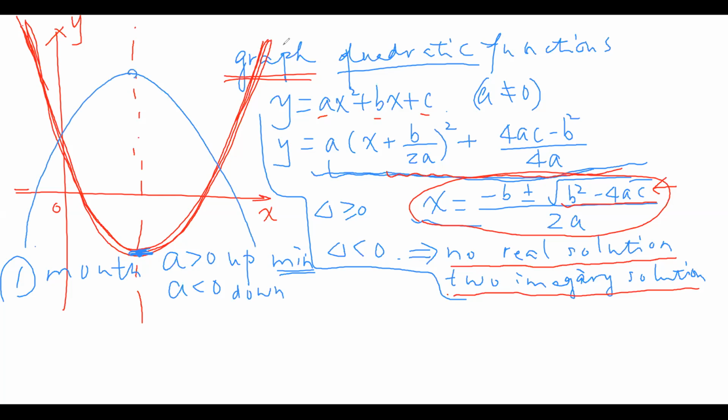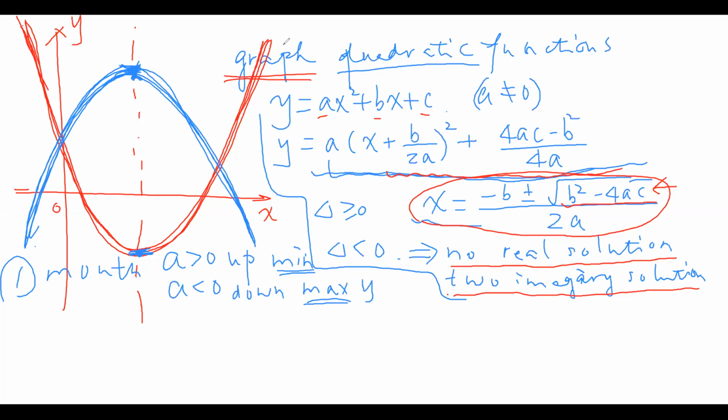This parabola is somewhat the opposite of the other. It is like a mountain, and the peak is the maximum value, the maximum y. So this is the first thing to keep in mind.